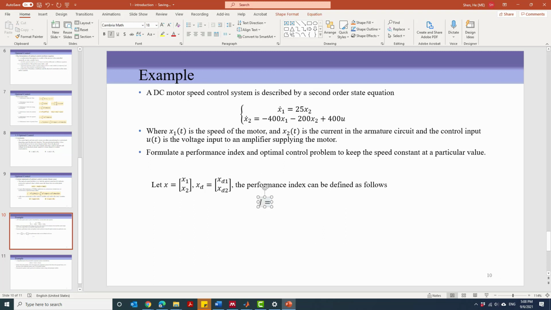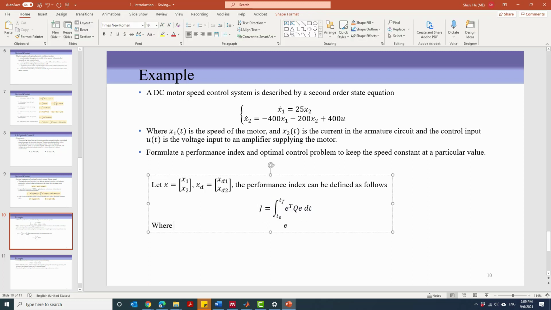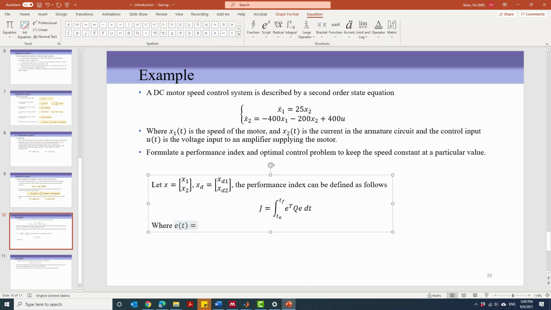J is equal to the integration from t0 to tf, from the initial time to the final time, of the error transpose times Q times error dt, where the error e is defined as the difference between x and the desired value xd.